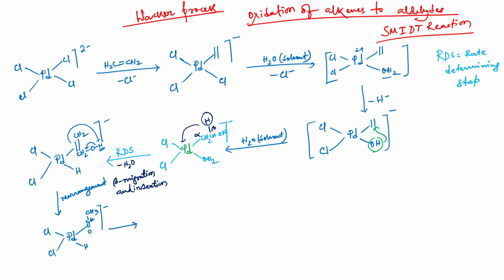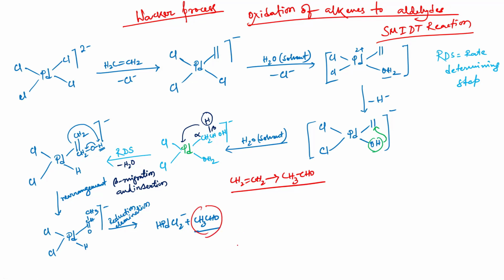From here, reductive elimination will happen and it will form this compound. So this is actually the process from CH2=CH2 to CH3CHO, and your final compound is formed.